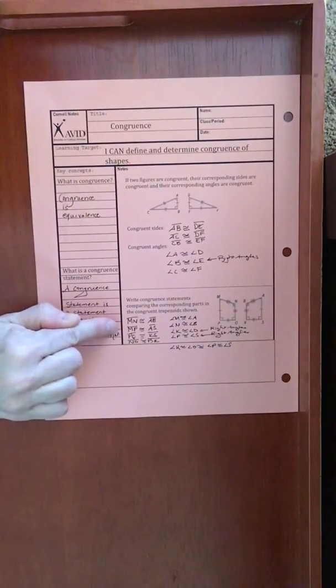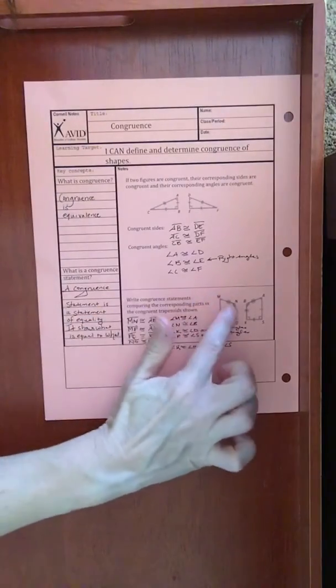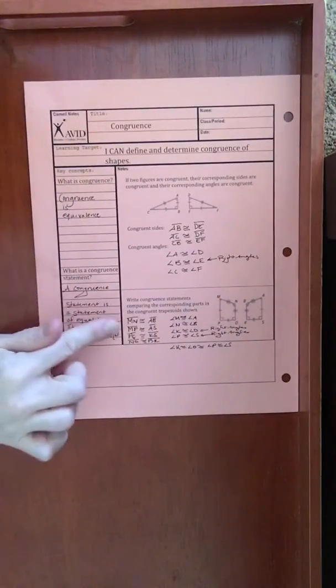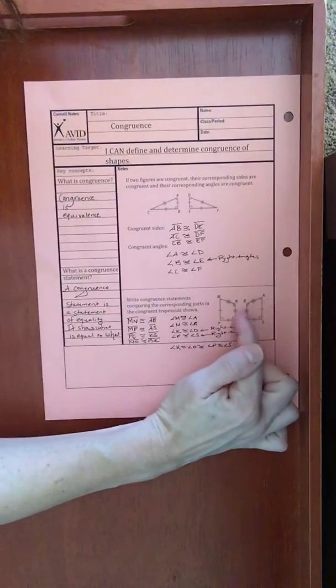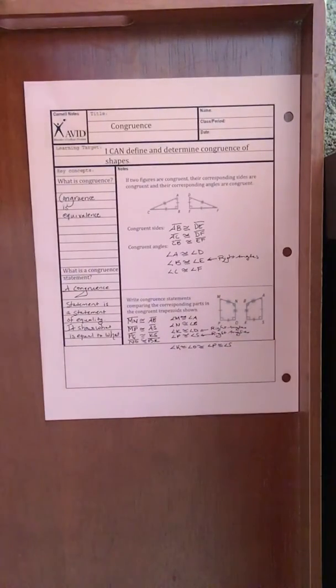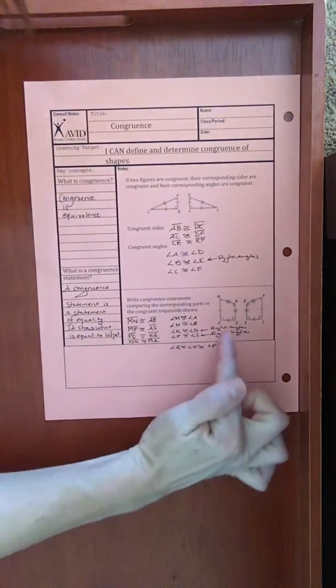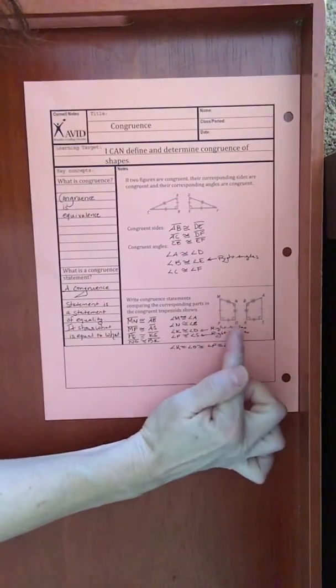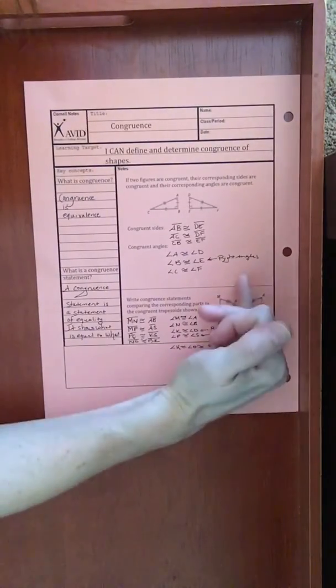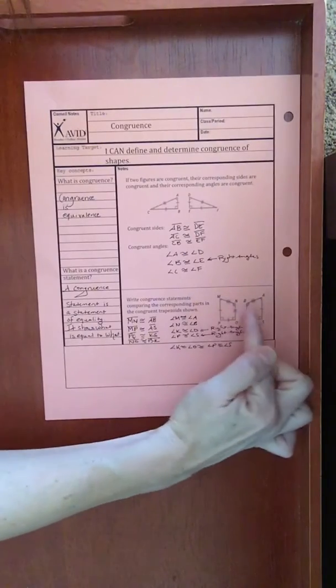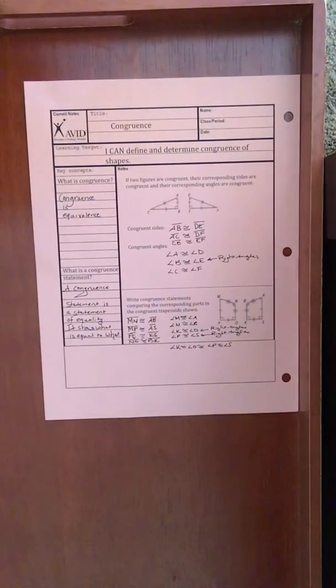Side MN, which is the top, has 4 tick marks, and that's congruent to side AB on the second right trapezoid. Now what's important is when you write your statements, the letters have to match up. So you picture trapezoid MNOP, kind of if there was the y-axis here reflecting over it and laying on top of ASKB. So M and A match up.